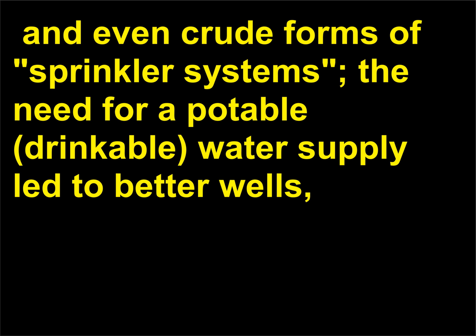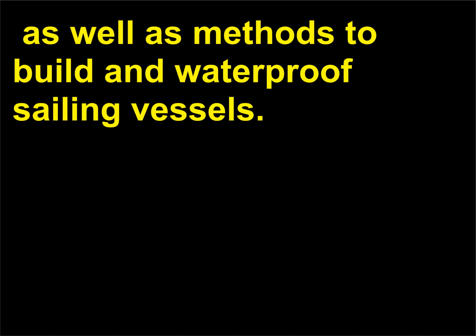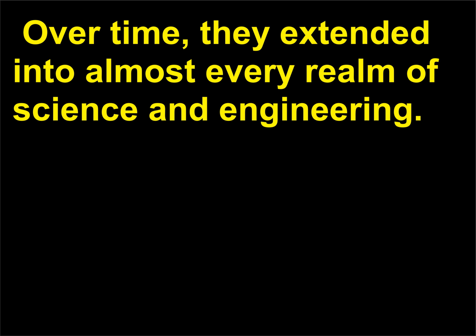The need for a potable, drinkable, water supply led to better wells, fountains, and water storage systems, and water transportation innovations included improved sails and rigs, as well as methods to build and waterproof sailing vessels. But early fluid mechanical studies did not end there. Over time, they extended into almost every realm of science and engineering.